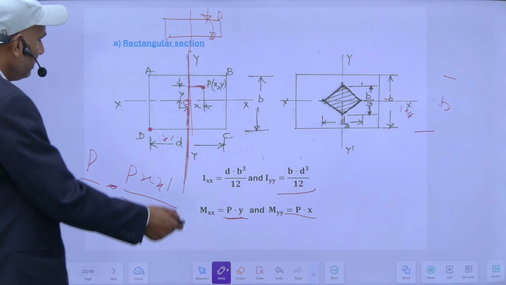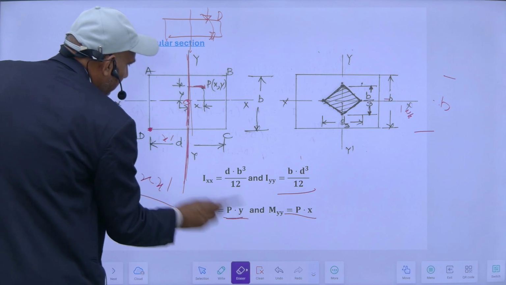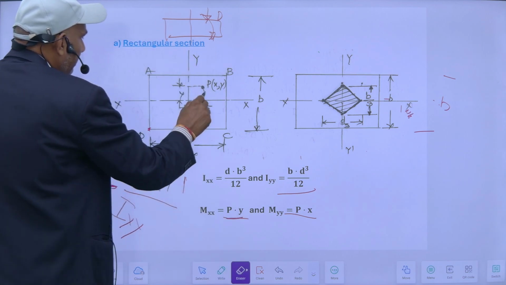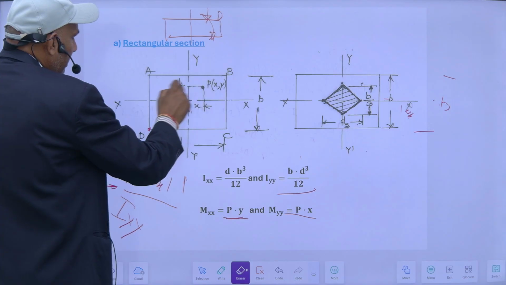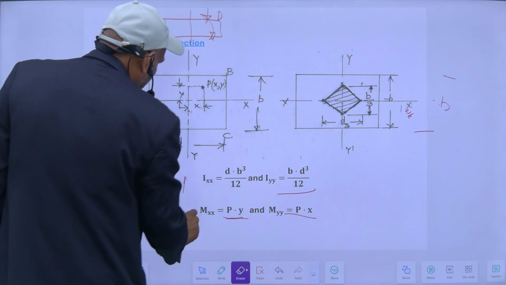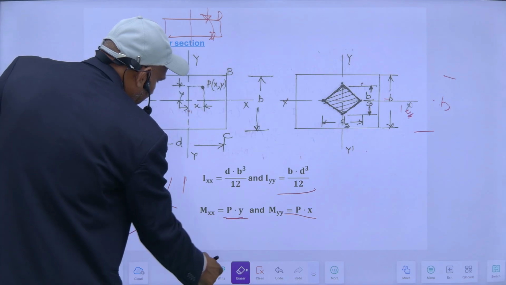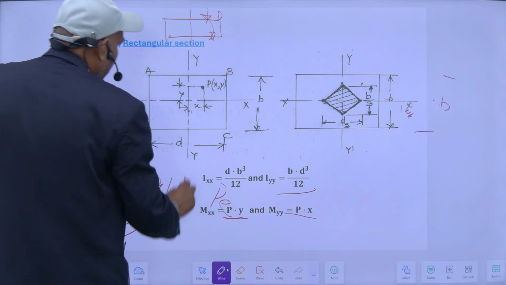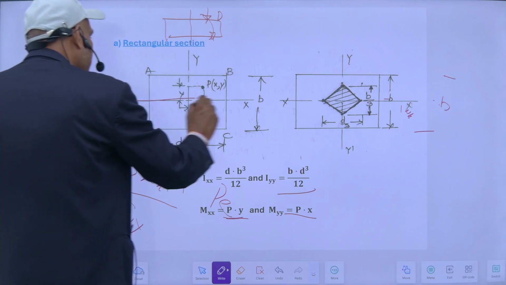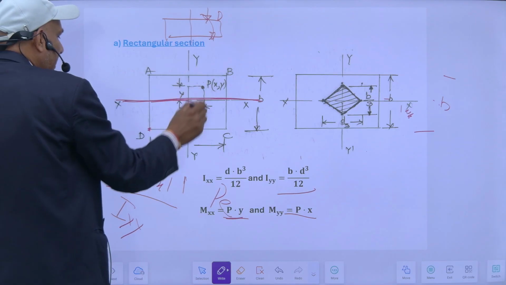Also along this face, along the x-axis face, my moment will be P into this y. So P into y will be the moment, and on this face it will create compression here, tensile here.